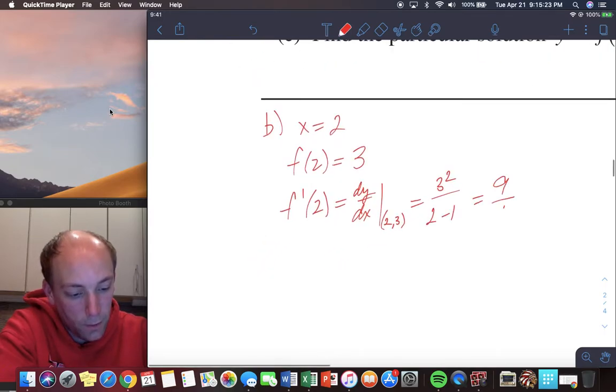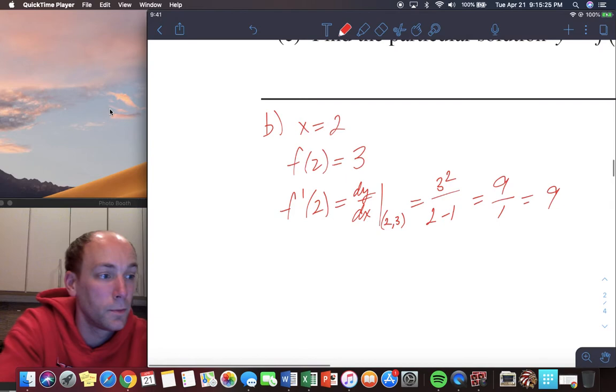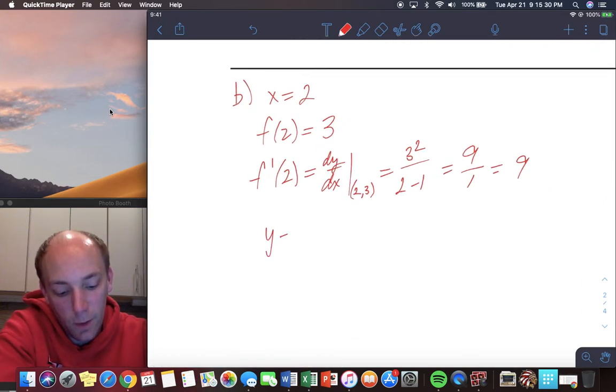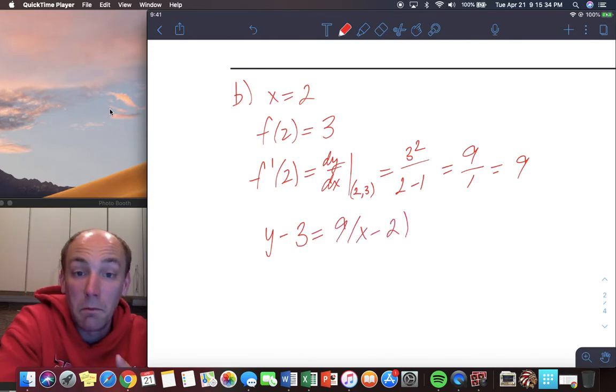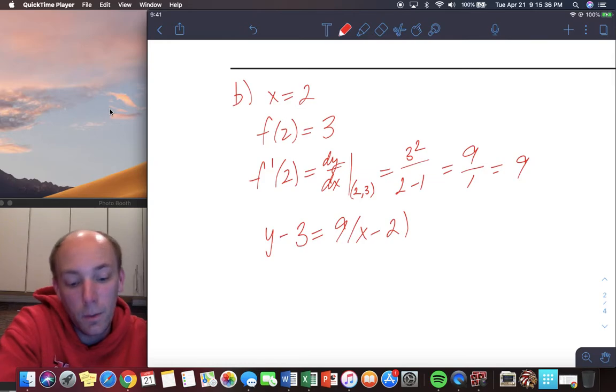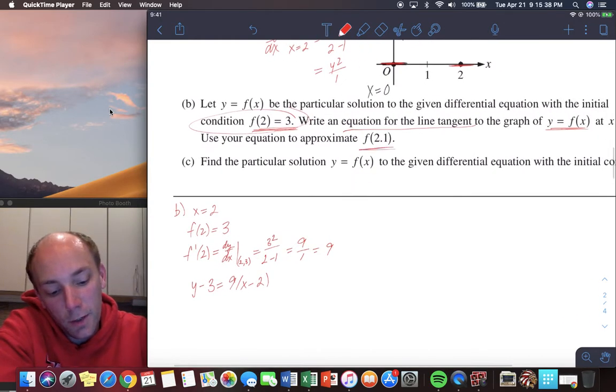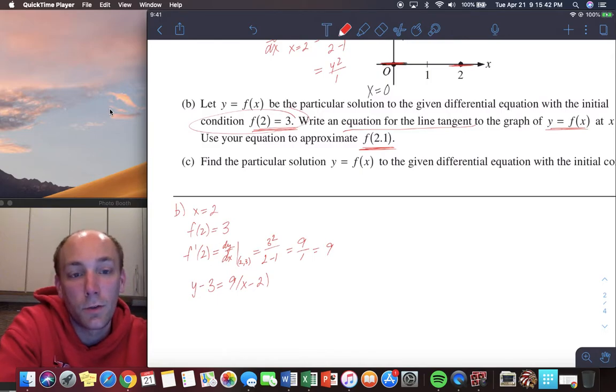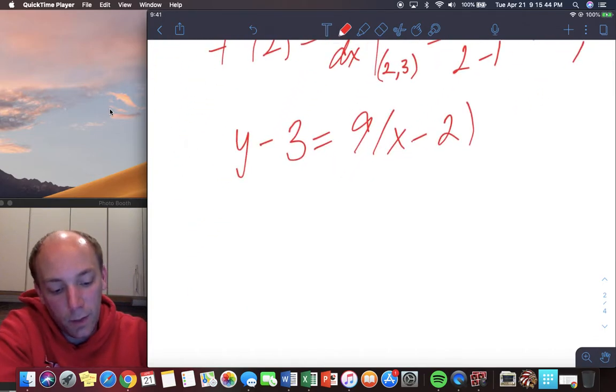So 9 over 1 would just be 9. So your equation of the tangent line would be y minus 3 equals 9 times x minus 2. There's your tangent line. But it also says to use your equation to approximate f of 2.1. So we're going to take 2.1 and plug it in.